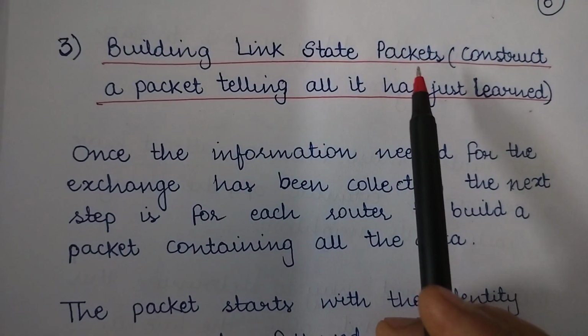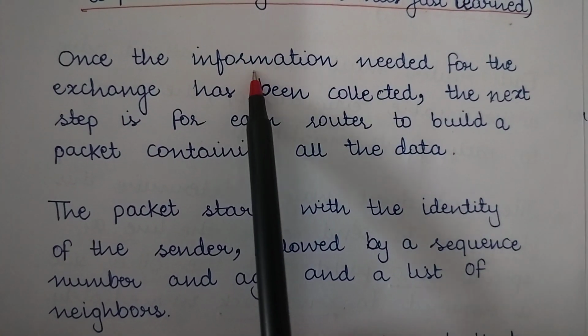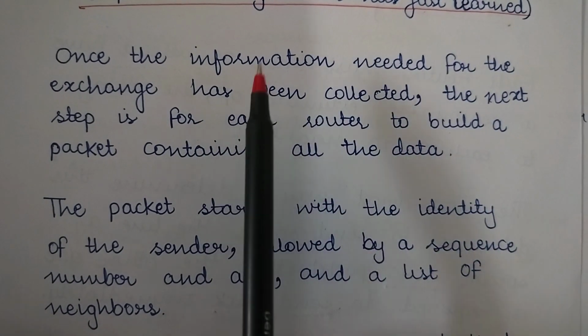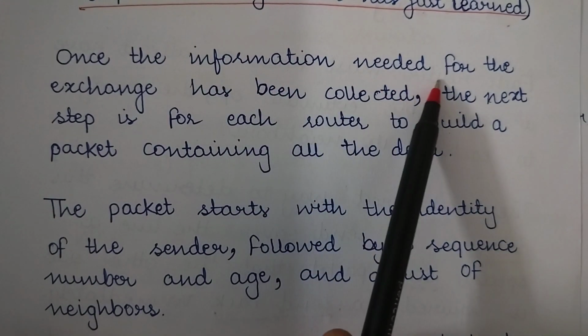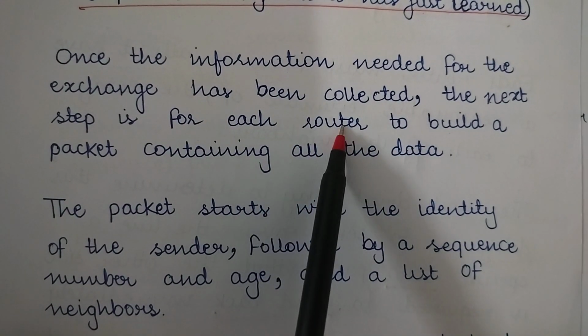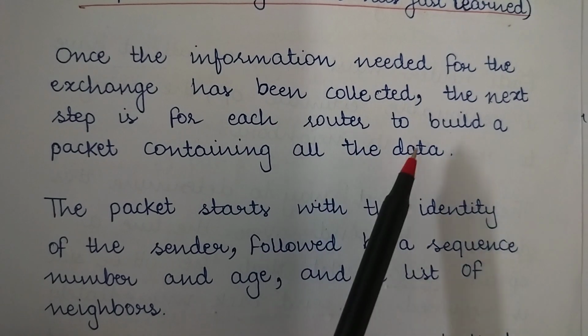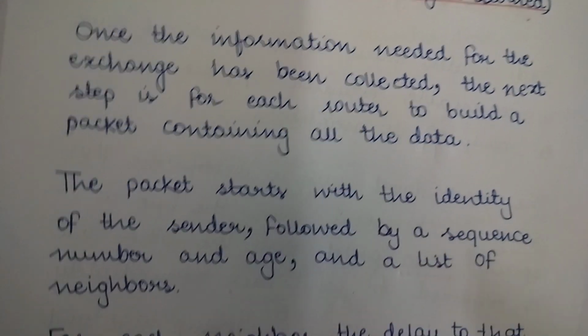So how are these link state packets constructed? Once the information needed for the exchange has been collected, you need to exchange it with other routers. So once all this information has been collected, what is the next step for each router? Each router is expected to build a packet containing all the information it has learned so far in these 2 steps.